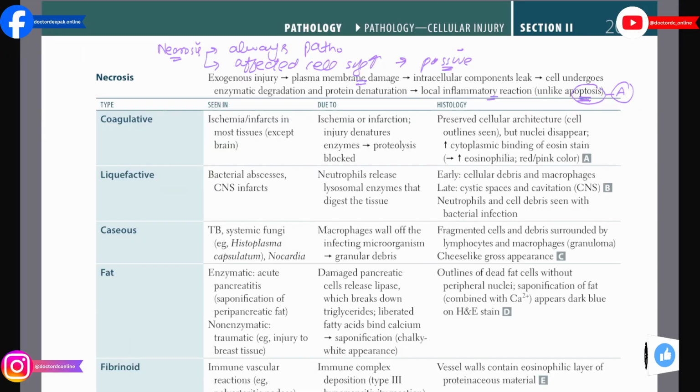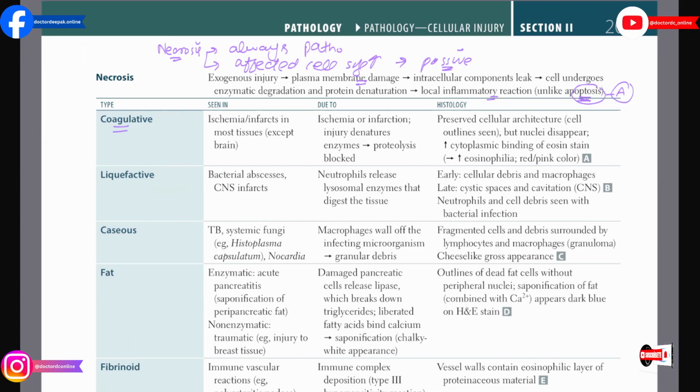First of all, we will discuss the type of necrosis called coagulative necrosis. I will highlight the important points which you have to remember. For example, first of all, they will ask you a question like what are the examples of organs which can undergo coagulative necrosis.